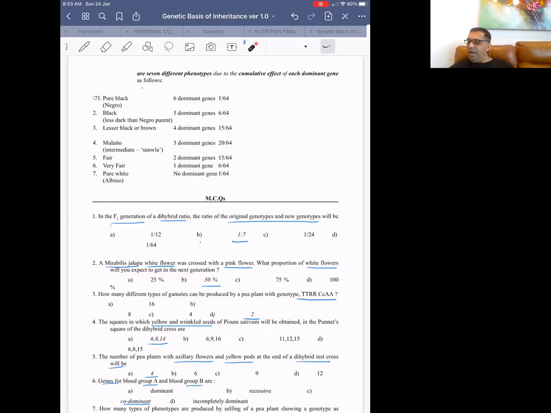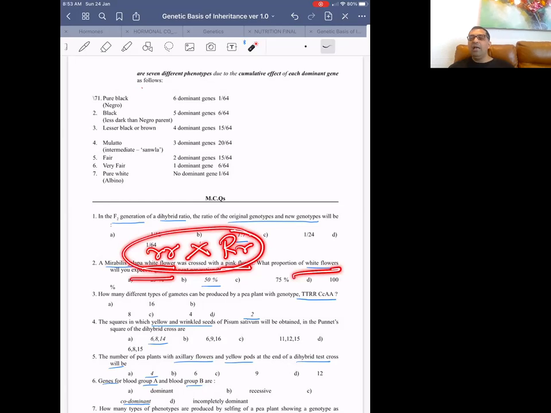So, a white flower is crossed with a pink flower. What will be the pink flower? Capital R, small r. What will be the white flower? Small r, small r. And this cross is an example of a test cross. So what proportion of white flowers will we get?